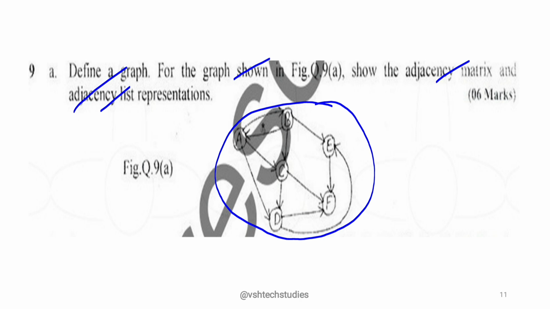What we can see here are A, B, C, D, E, F. These are the vertices, and in between we have arrowed lines, so directed edges. Hence this is a directed graph. How to solve this we'll see next, that is, how to write the adjacency matrix and adjacency list for this given graph.